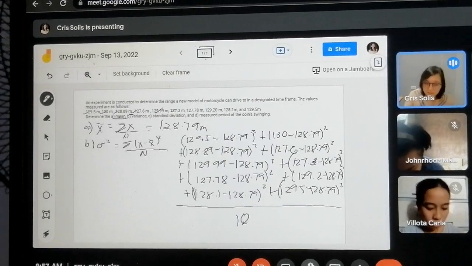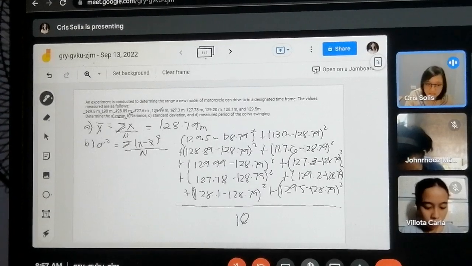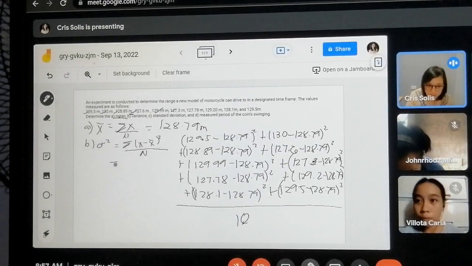Please do the indicated operations and let me know what your answer is going to be.